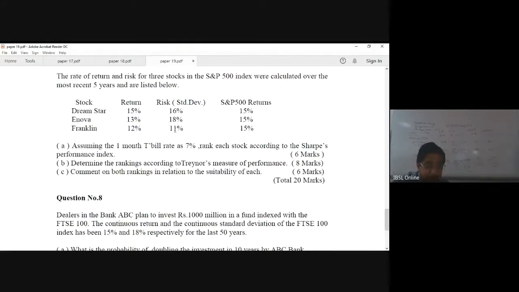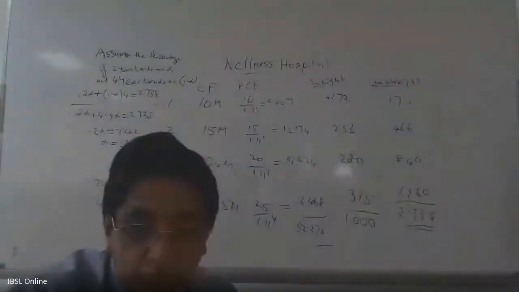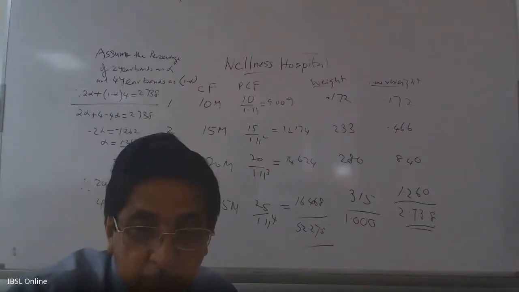Then 6 is equal to 8 beta. 6 divided by 8 would be Innova's beta. Just see. Innova's beta is 1.1.